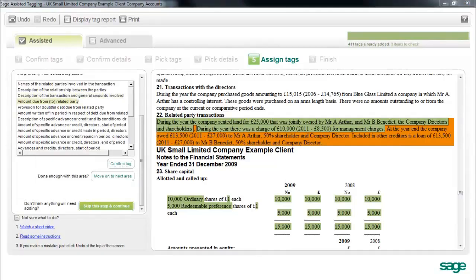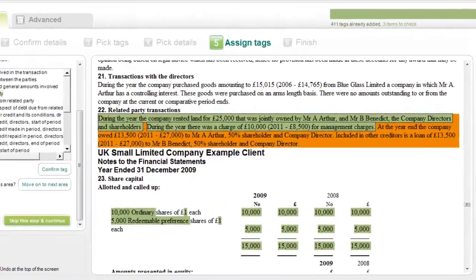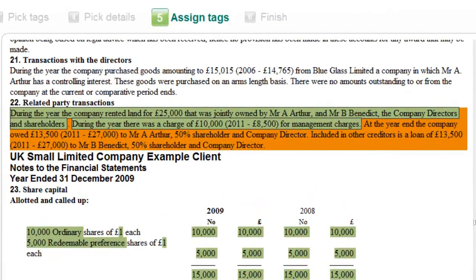The third transaction is where we start to use multiple iXBRL tags within the same transaction. The third transaction is stated: at the year end, the company owed £13,500, £27,000 in the comparative year, to Mr. A. Arthur, 50% shareholder and company director. If we analyse this transaction against the available tags, we can clearly see information that relates to the iXBRL tags.